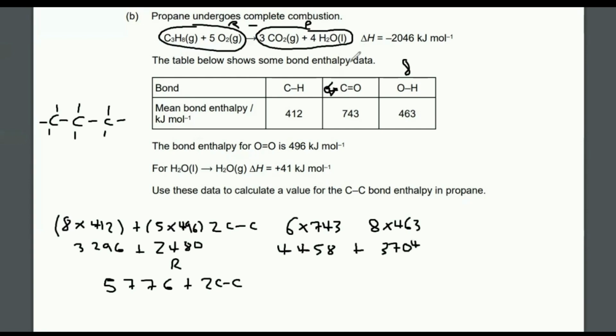So that covers our carbon dioxide and water, but we now have to take account of the vaporization enthalpy from the liquid water turning to gas, or the other way around, the gas water condensing to that. So what I'm going to do is plus 4 times 41, and that gives me 164.